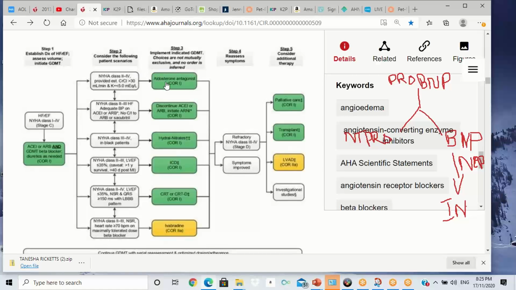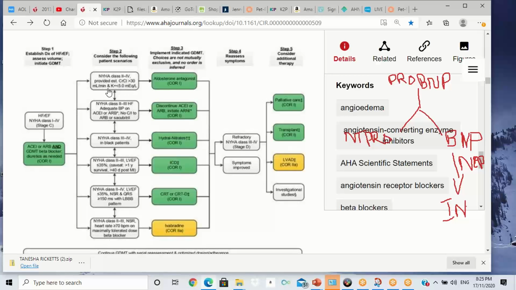You're only going to use your aldosterone antagonist, this is your Aldactone, spironolactone, eplerenone, if they have class 2 to 4 heart failure. So again, this is important for people doing exams, class 2 to 4 heart failure.